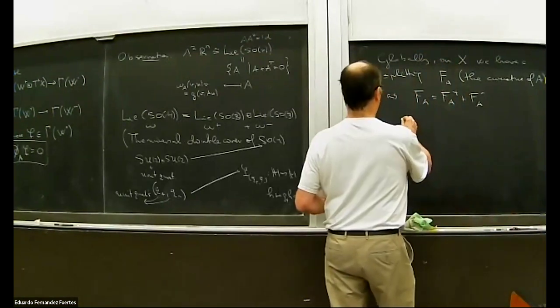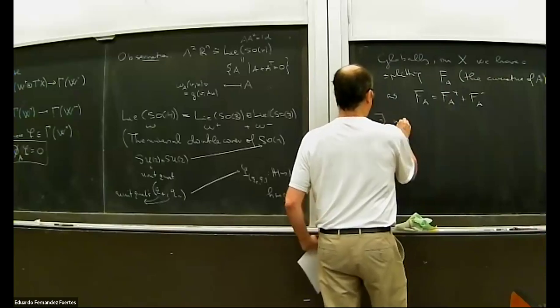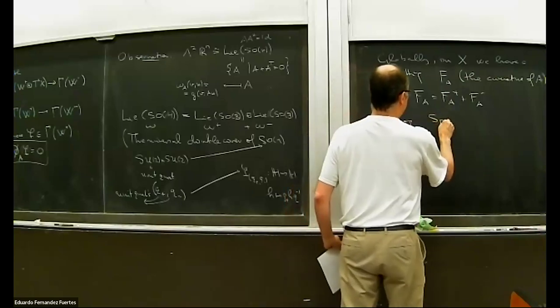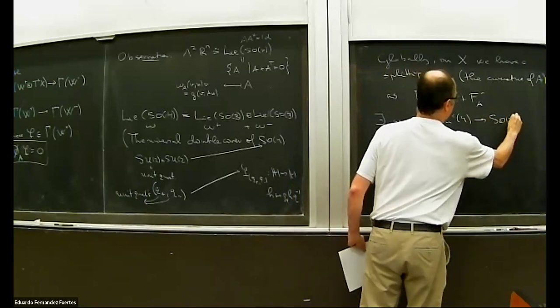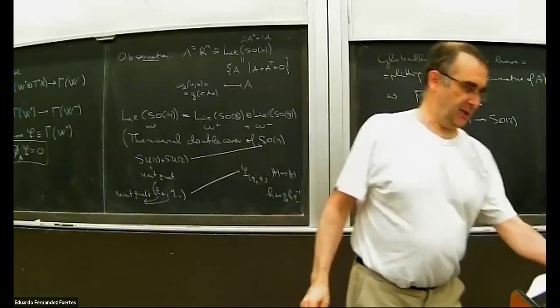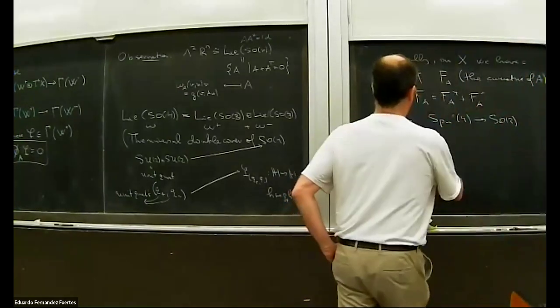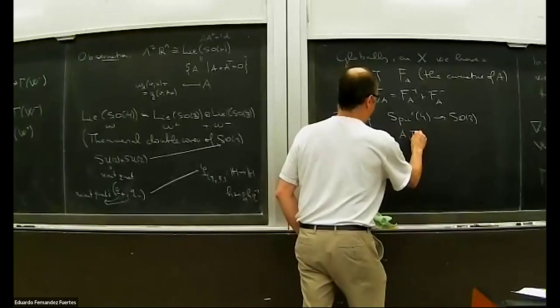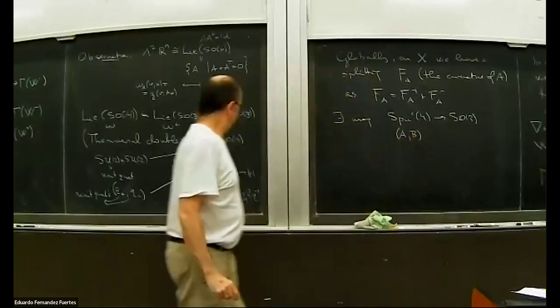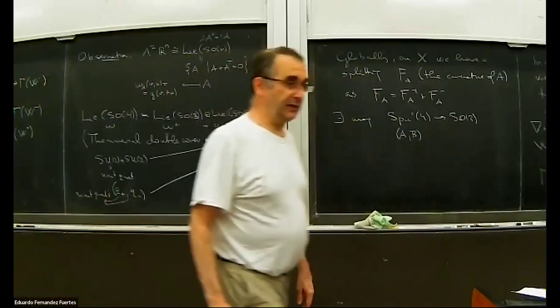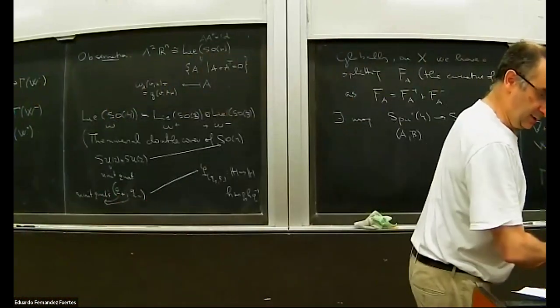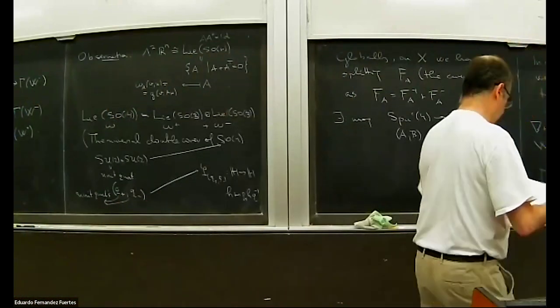We have a map from spin C4 to SO3. Actually, there are two maps. You remember spin C4 is just pairs of unitary matrices with equal determinant, and we can take the following.